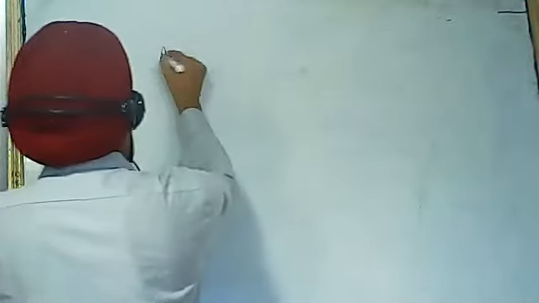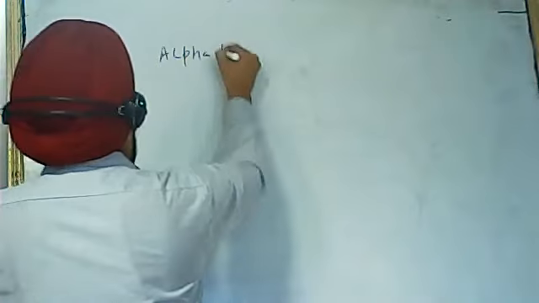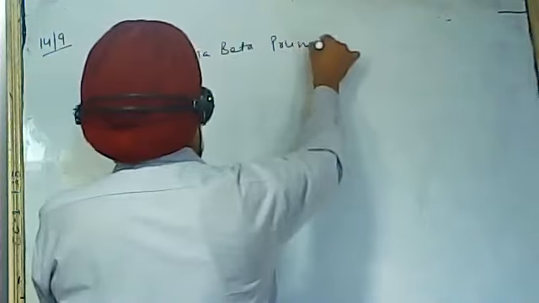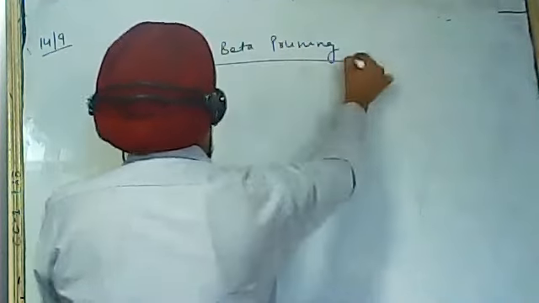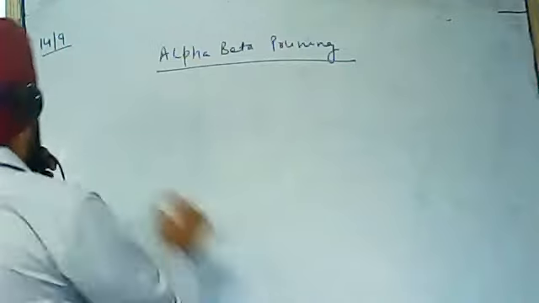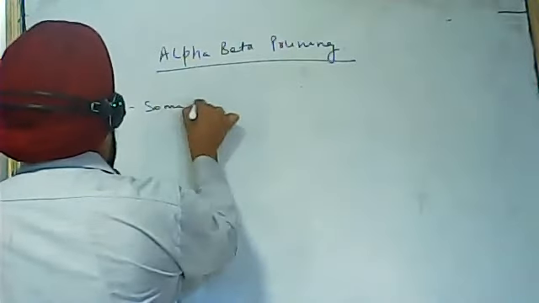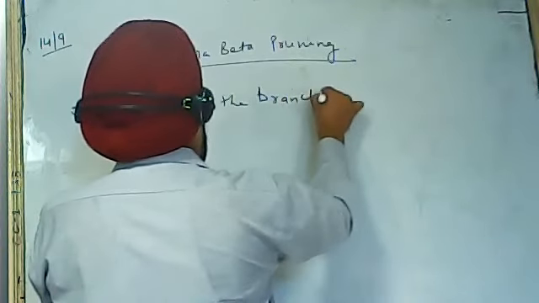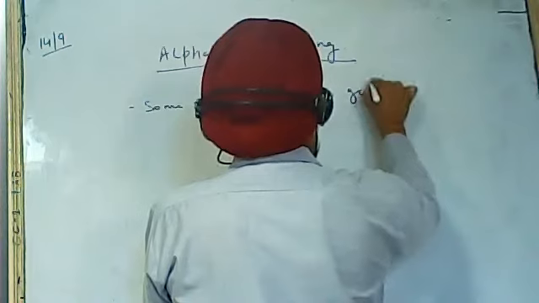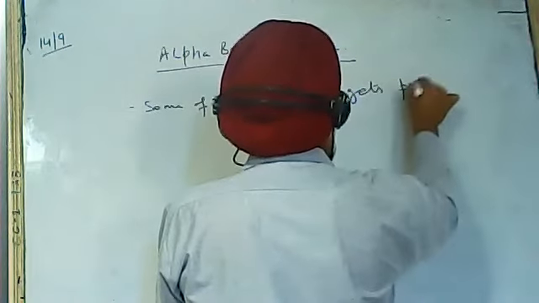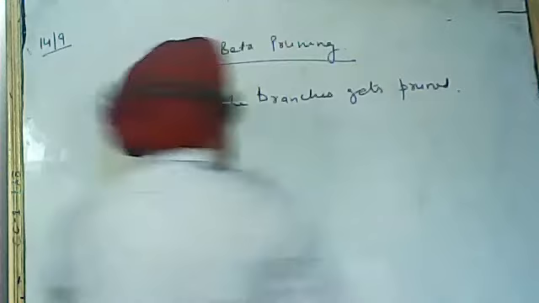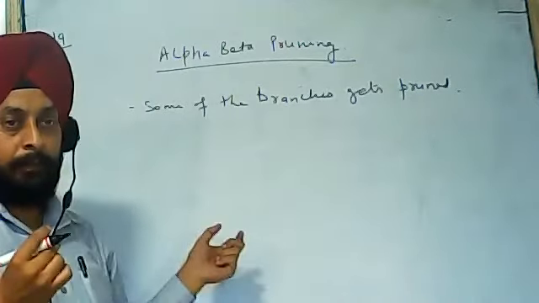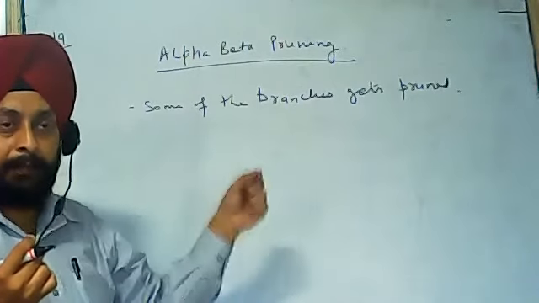So in alpha beta pruning, some of the branches get pruned. So we need not traverse the whole game tree. Some of the branches get pruned.